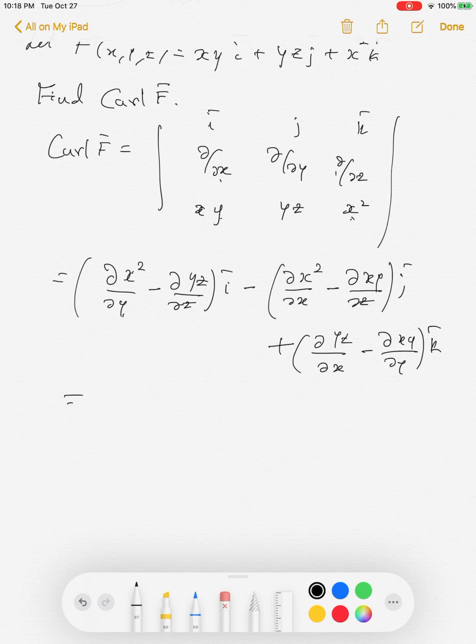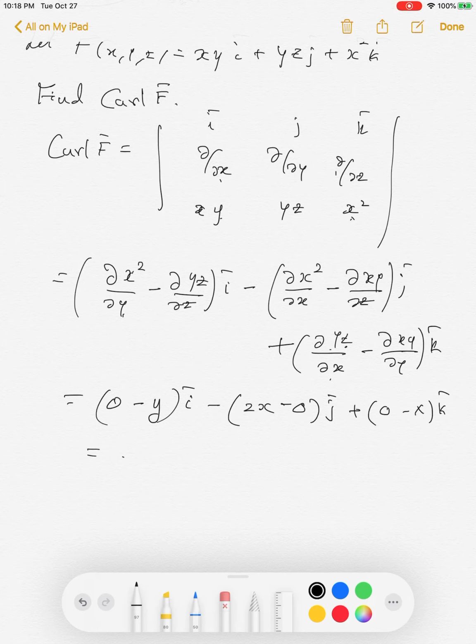So this curl will be: partial of x squared with respect to y is 0 because x and y are completely independent. So this is 0 minus derivative of yz with respect to z. y is a constant, so it's just y. Here you get minus 2x, minus partial of xy with respect to z is 0.